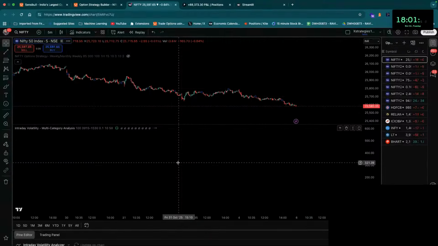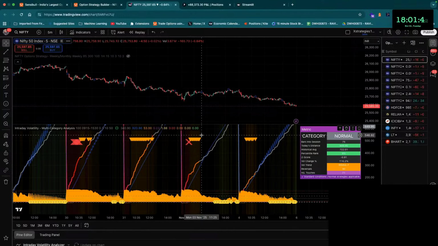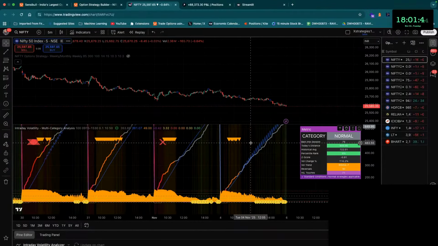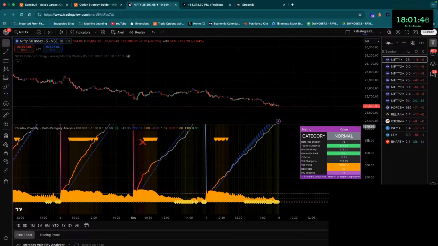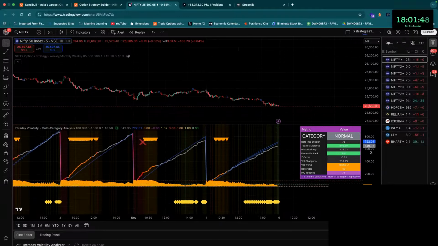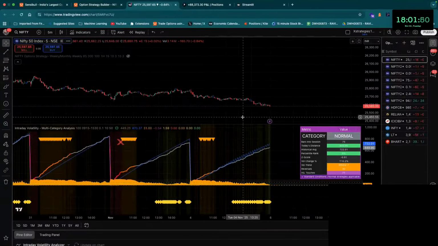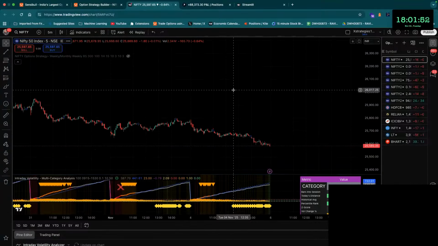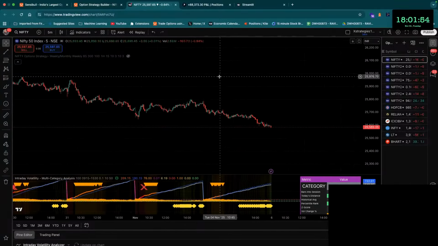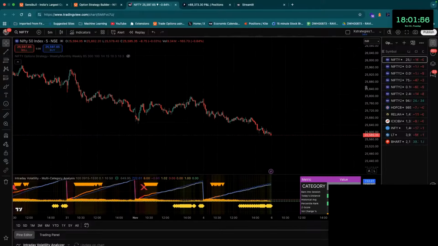I think it's taking some time to load. All right, this looks quite colorful here, but let me explain what this means. Let's take a simple example. I think I posted this today morning on Twitter as well.